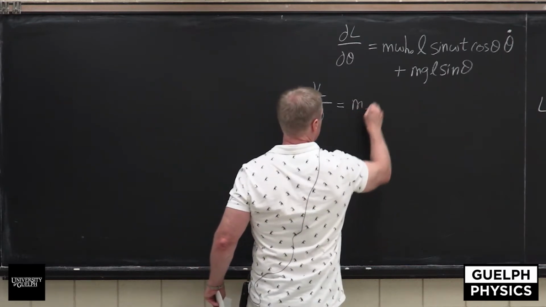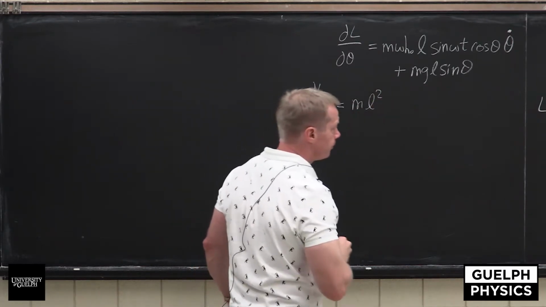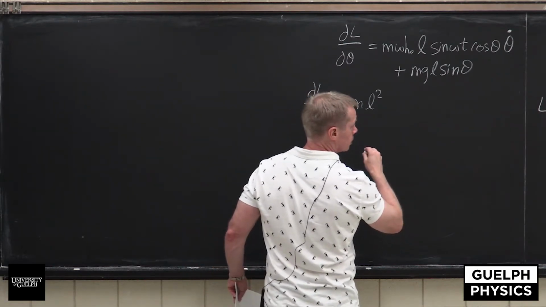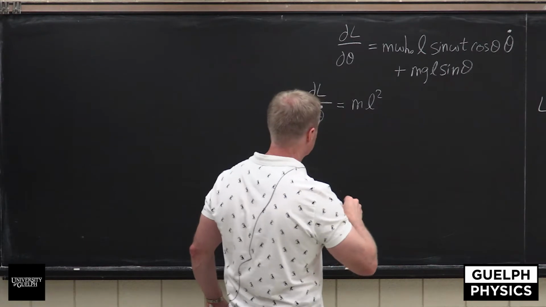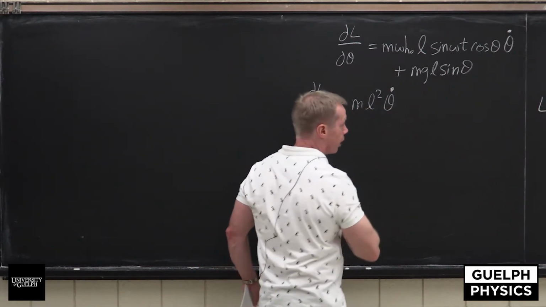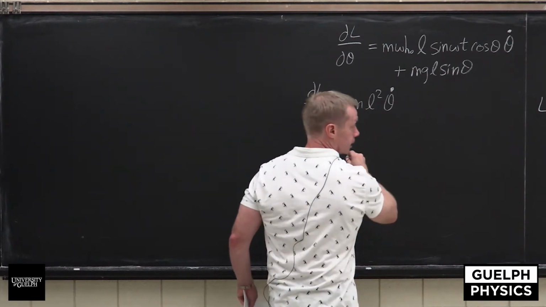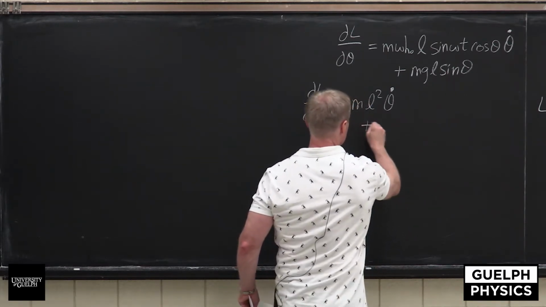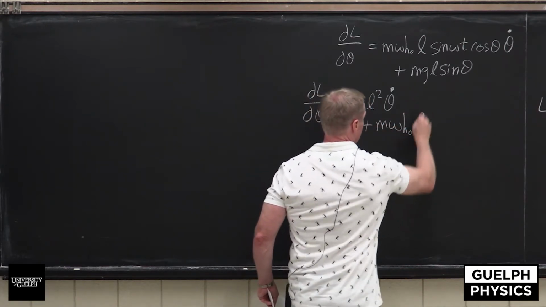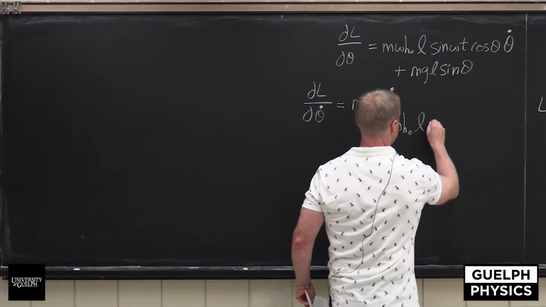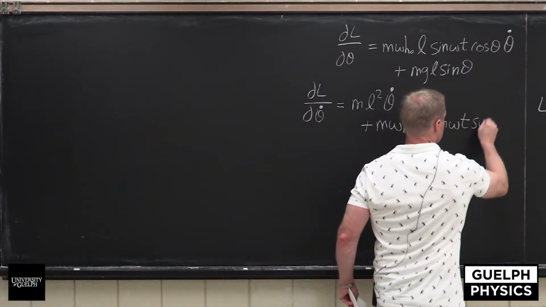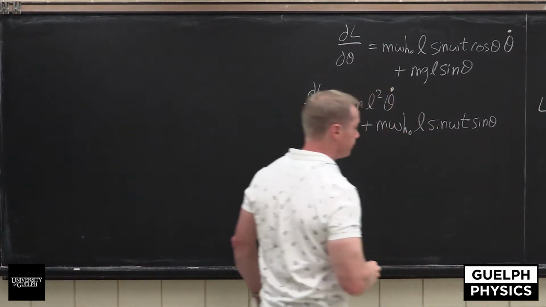So I'll have an ml squared theta dot. And then this next term will be an m omega h naught L sine omega t sine theta.